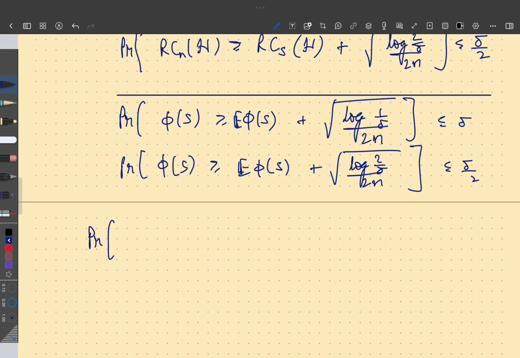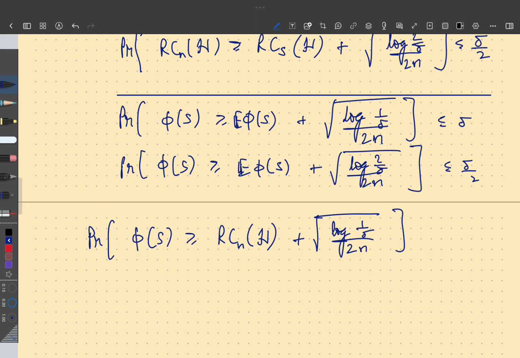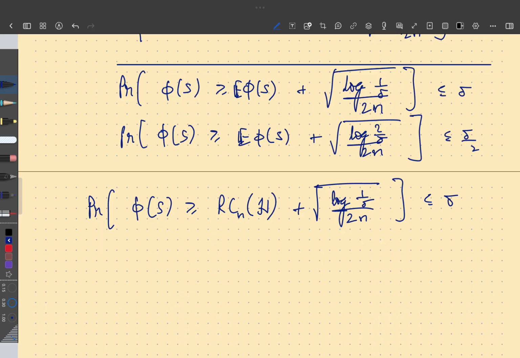So the probability that phi of S is greater than or equal to the Rademacher complexity plus square root of log 1 over delta by 2n is less than or equal to delta.